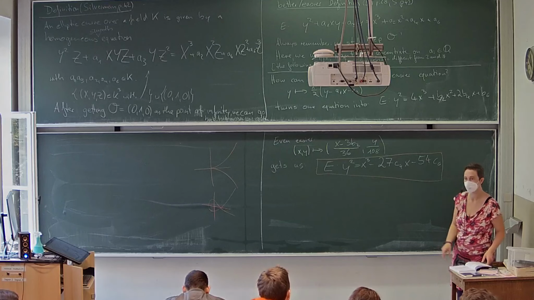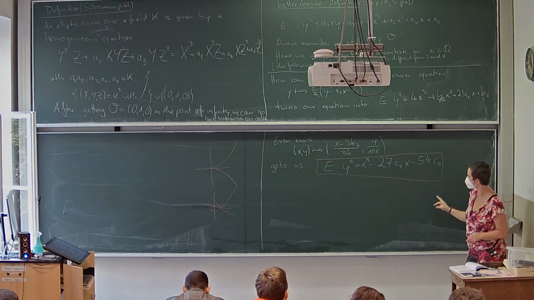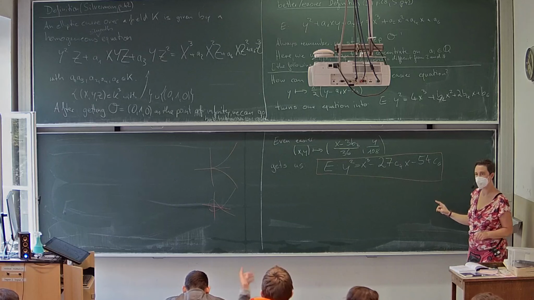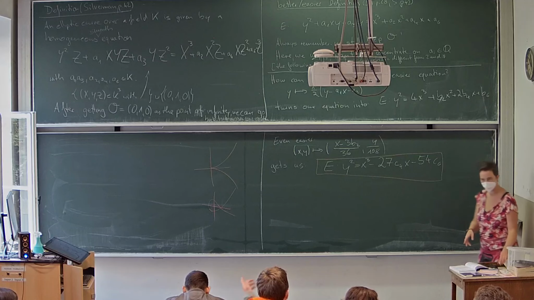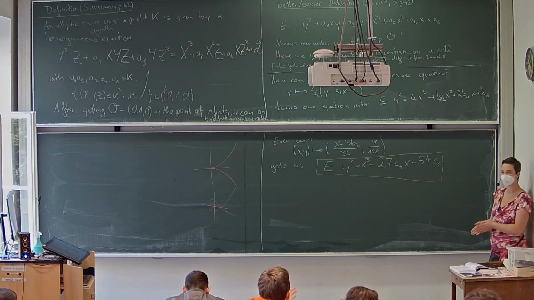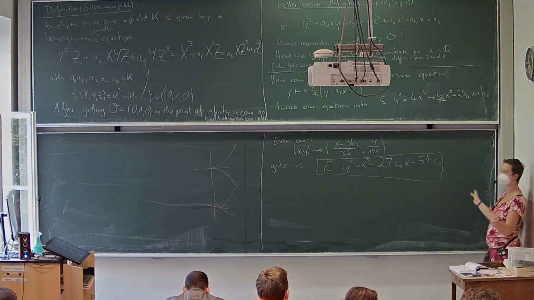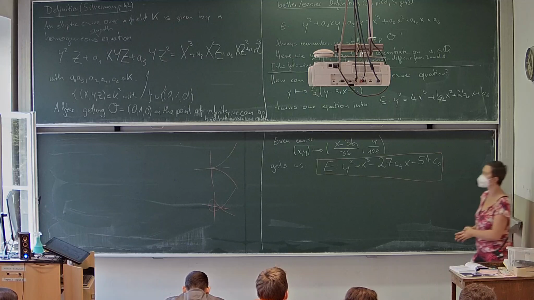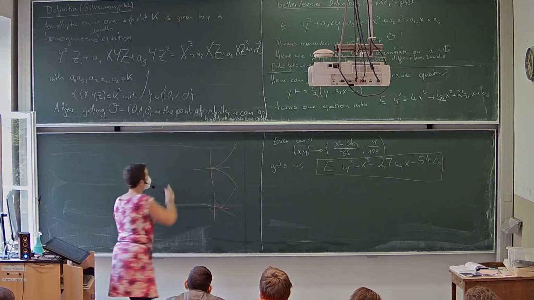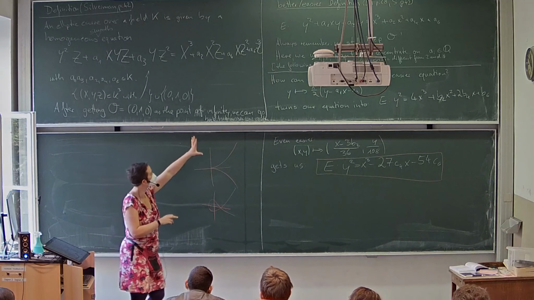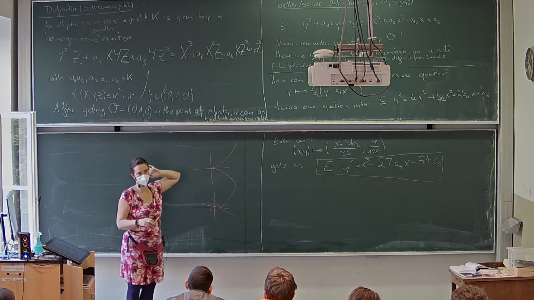Does the point at infinity then have some different coordinates than before? Before we had a point at infinity in k to the 3, and does it translate nicely? It doesn't translate at all. When we go from here to there, we kind of lose the point at infinity.